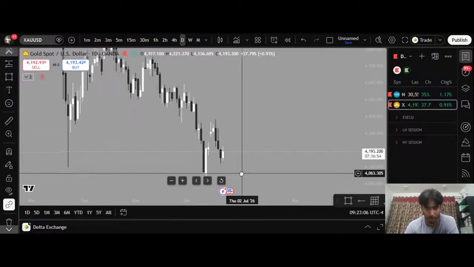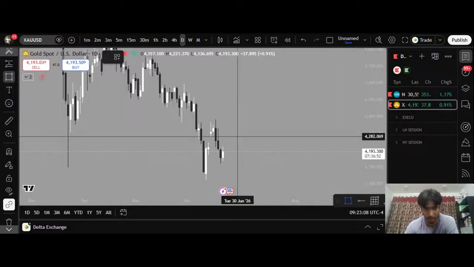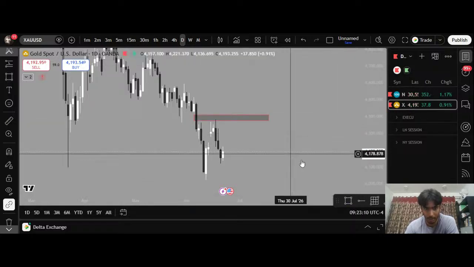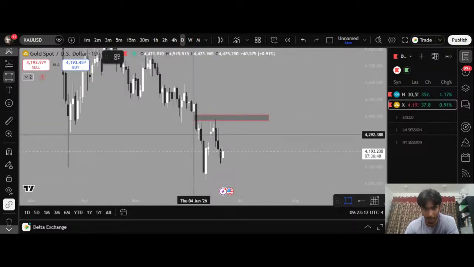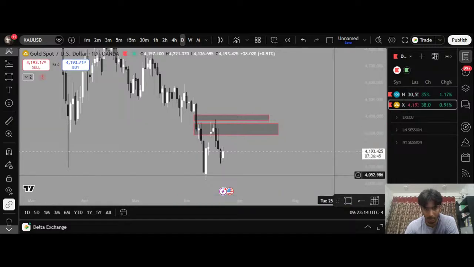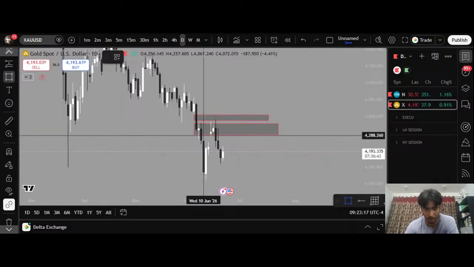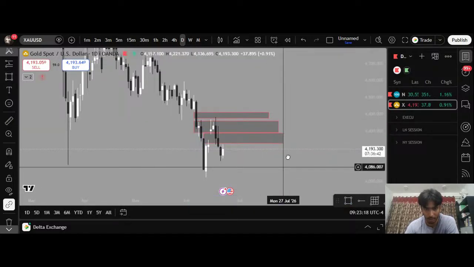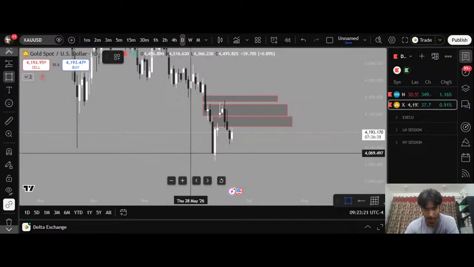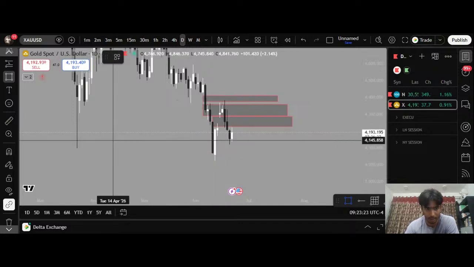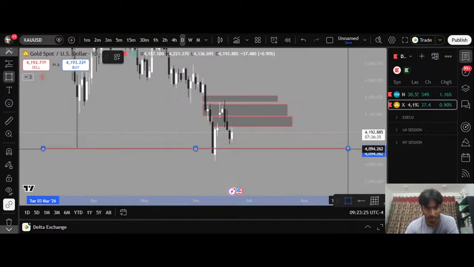We're respecting all these bearish fair value gaps, bearish order blocks. We inverse this new week opening gap. So the daily time frame clearly says that we are bearish.